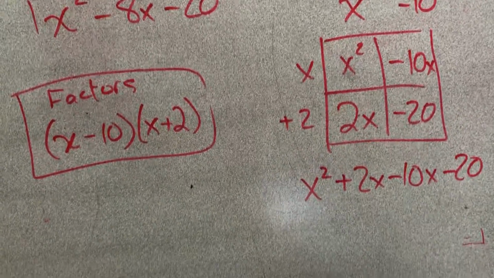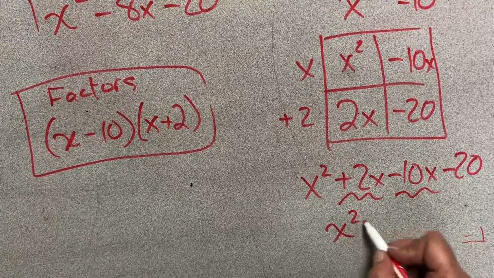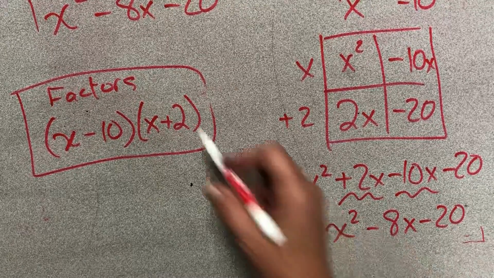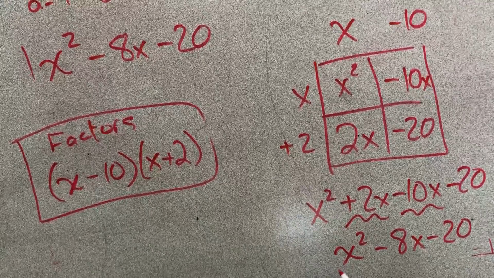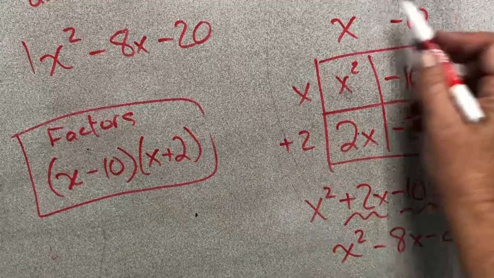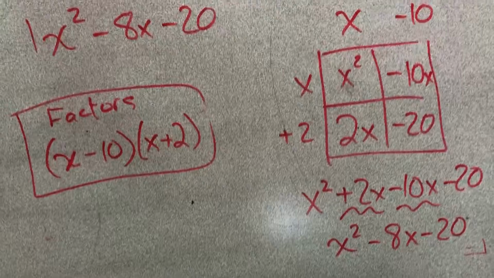Then I need to combine like terms. x squared minus 8x minus 20. Yes, that's exactly what I started with. So I did indeed find the two binomials that when multiplied together equal x squared minus 8x minus 20.